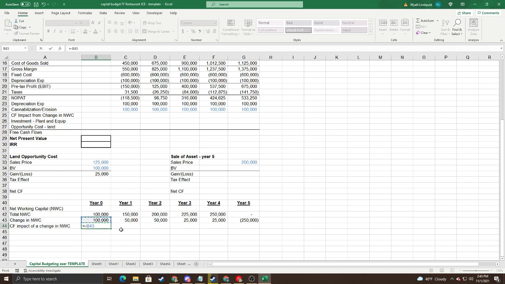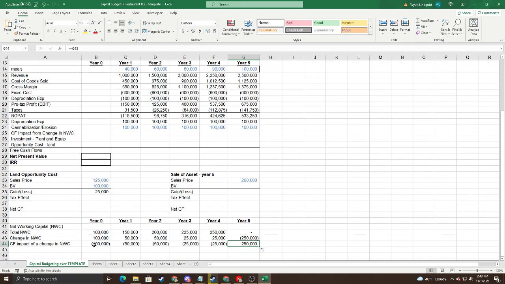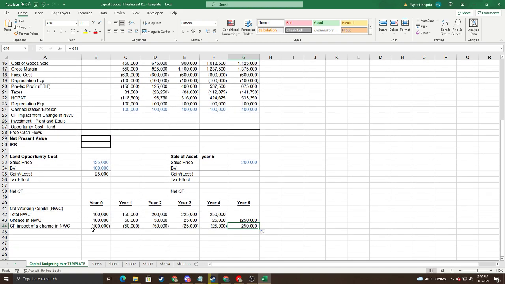And then the cash flow impact, we're just going to do a negative sign and the above amount. And this is just because if our net working capital increases, that means we need to have more money tied in non-cash accounts. And that's not good for our cash. Well, it's not good or bad, but it decreases our cash.